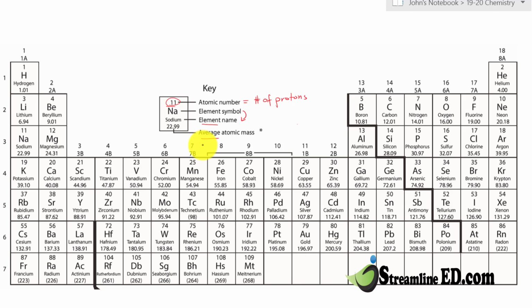If we look at the periodic table, there are group A and group B. The A groups represent the main groups on the periodic table, also known as representative groups.